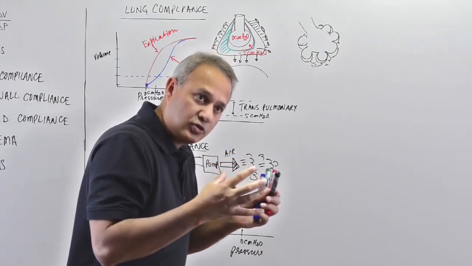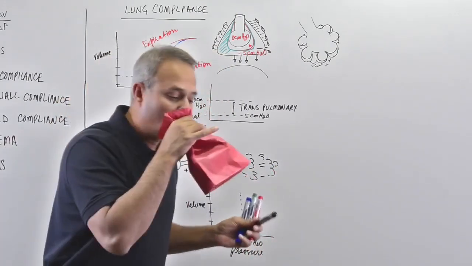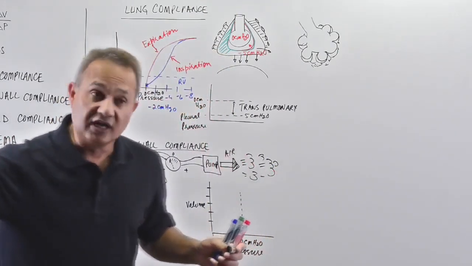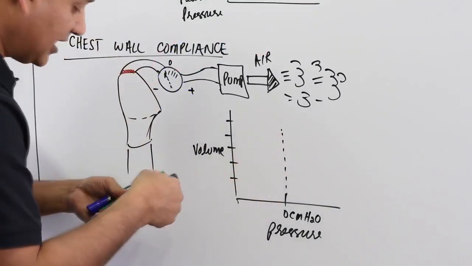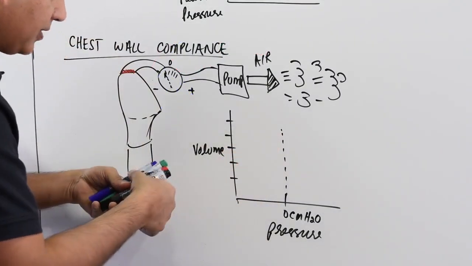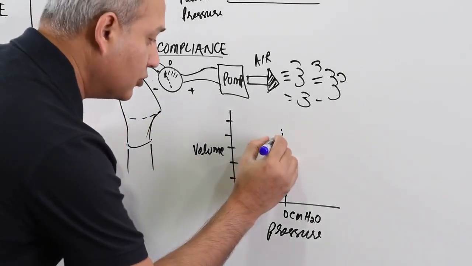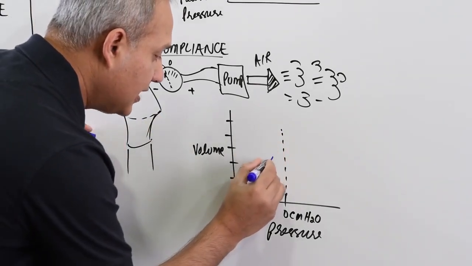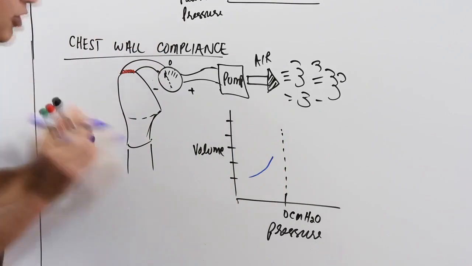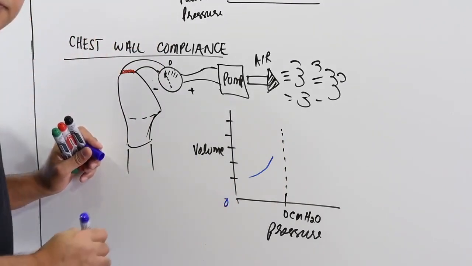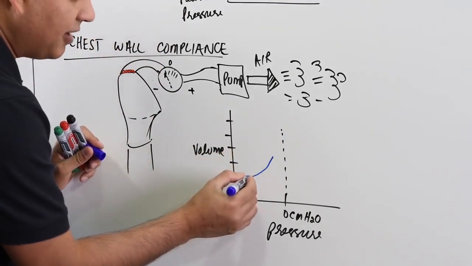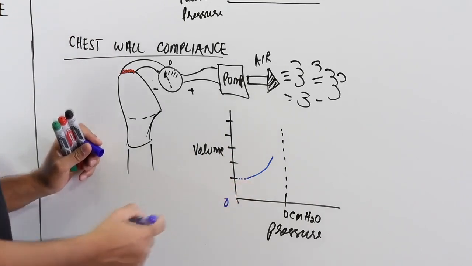The chest wall is going to start shrinking, right? So volume will start reducing as you pull the air out. Let me make the volume in blue. It would start reducing, but this volume can never reach zero. It would always stay some number above.